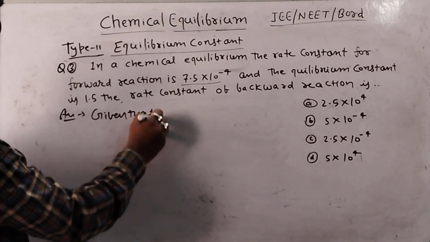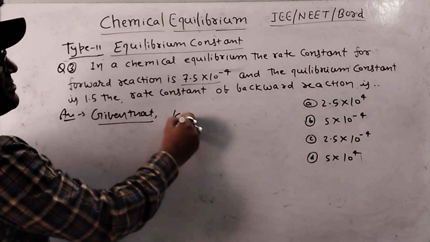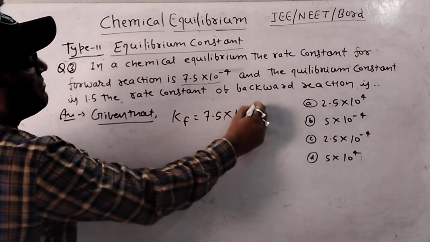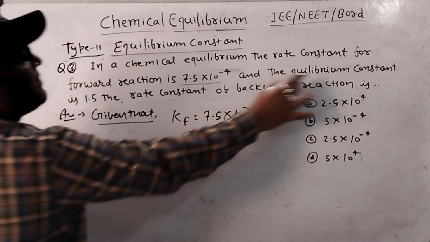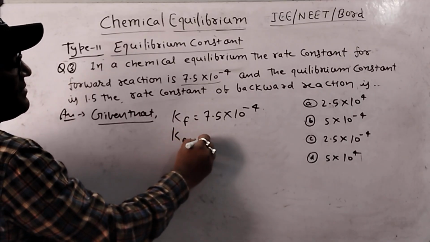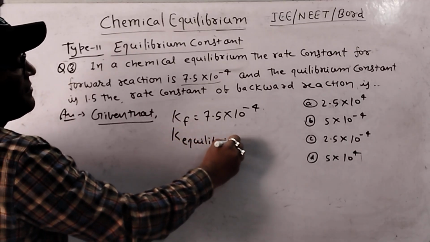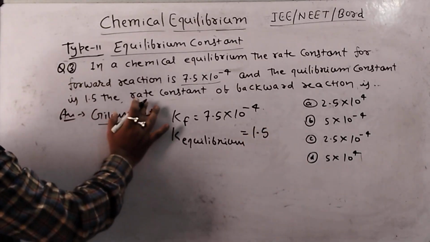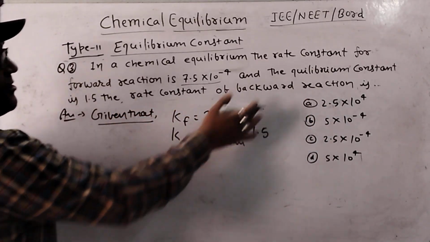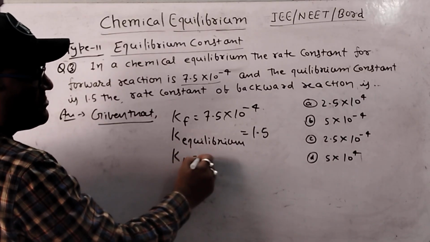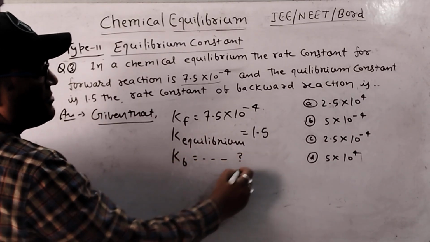Given that the value of the rate constant of forward reaction is 7.5 into 10 to the power minus 4, and the equilibrium constant K is 1.5. The rate constant of backward reaction is? Options are given.